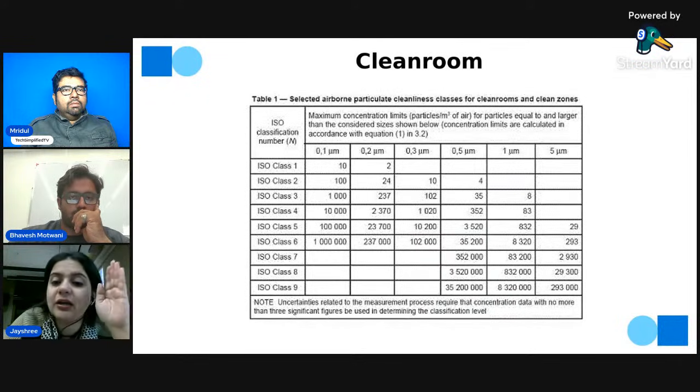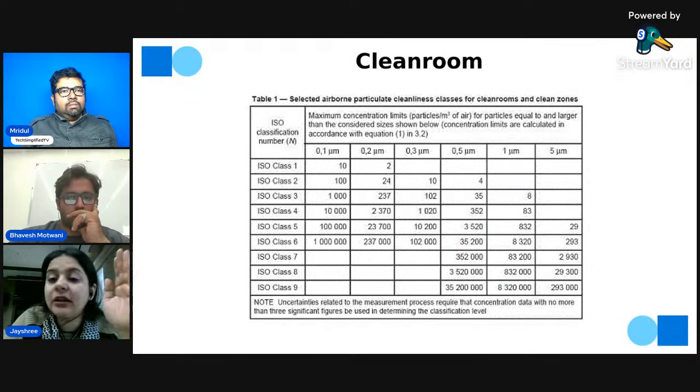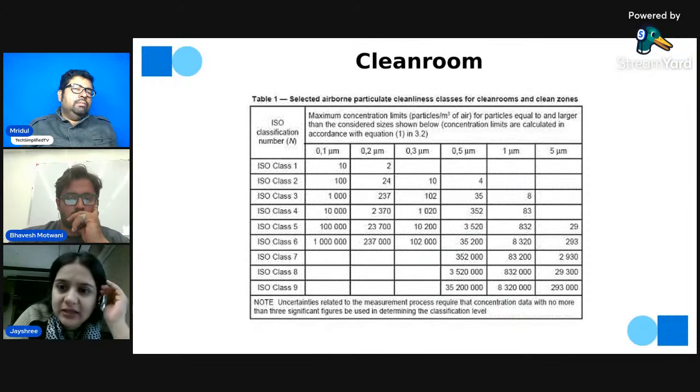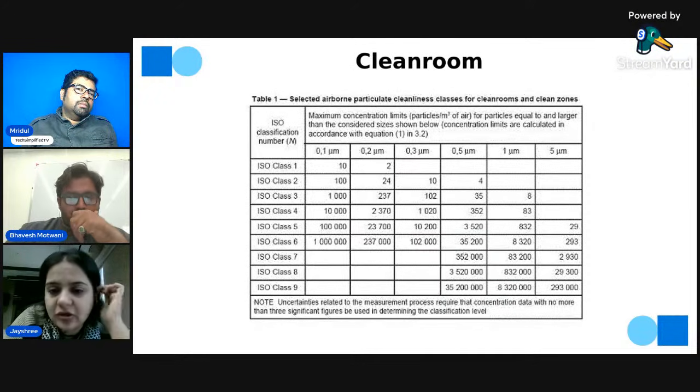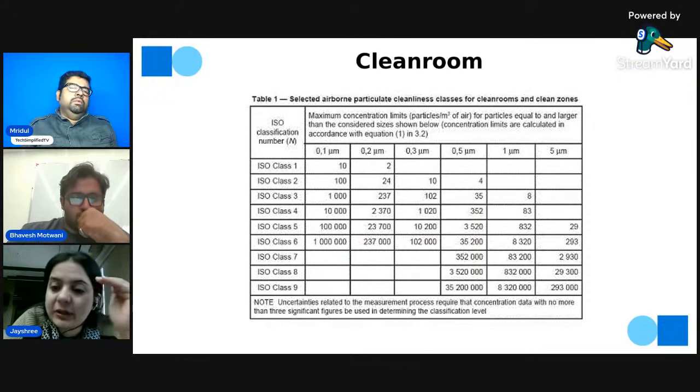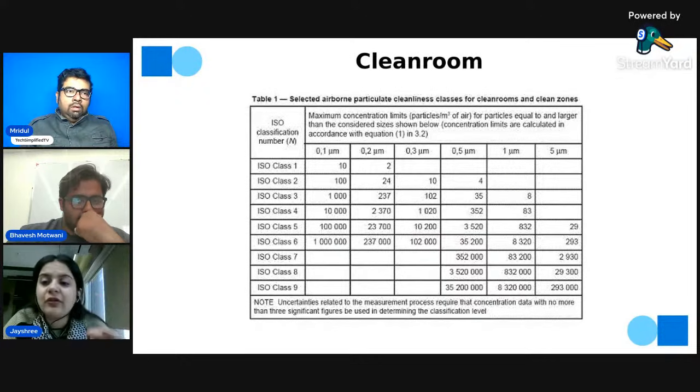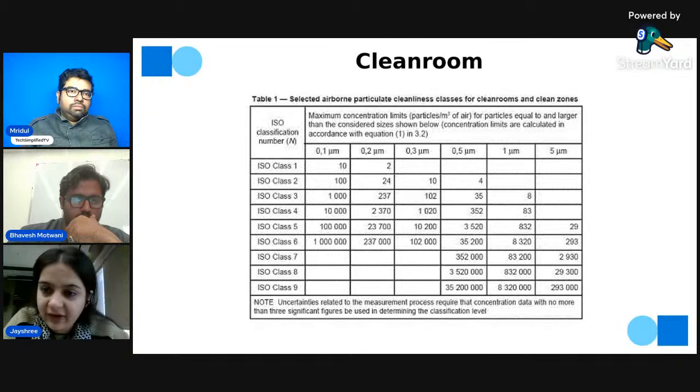It's the standard code for maintaining the classes and the cleanliness of the classes. So class 10, class 100, class 1000, class 10,000, eventually class 1 million is also there. Depending upon the particle size, these classes are identified.